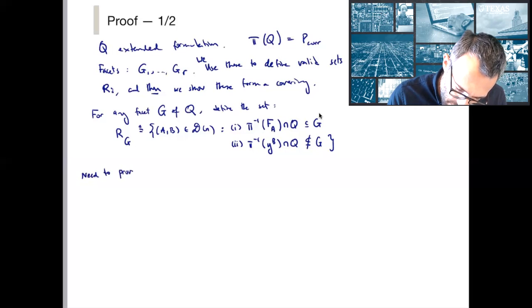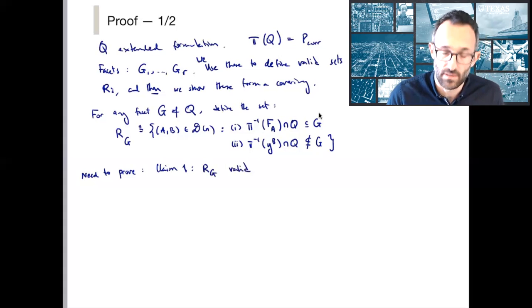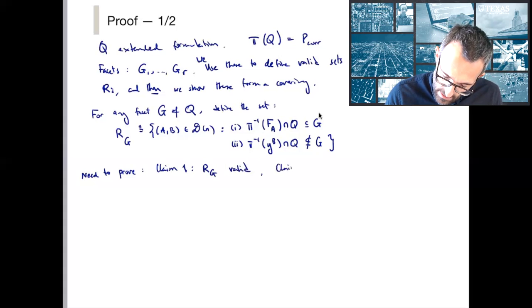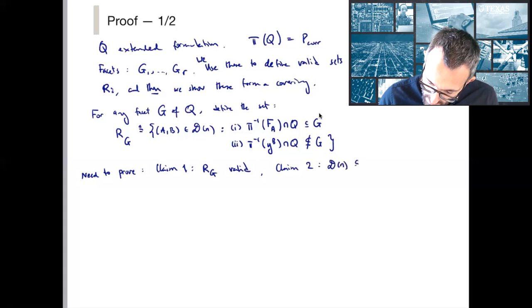We need to prove two things. Claim 1, that R_G defined in this way is valid. And claim 2, that they form a covering. In other words, D of n is contained in the union of the R_Gi.